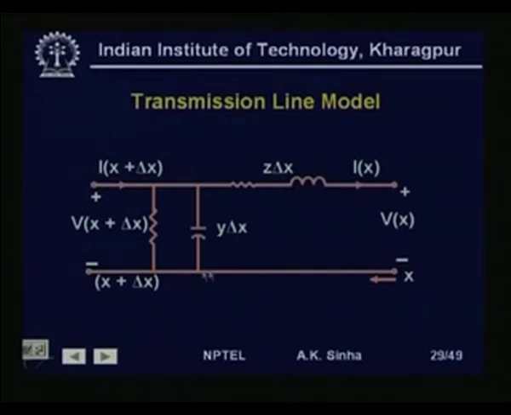Now, this model, if we use in detail, leads to somewhat complicated mathematical model and complex for calculation. So, most of the time we try to use simpler equivalent models.